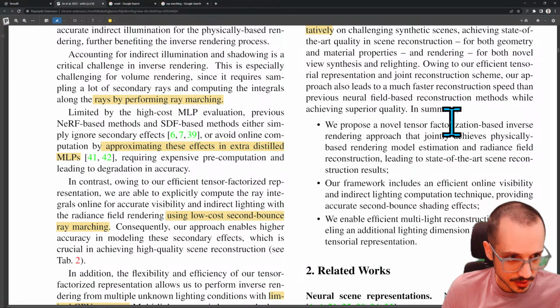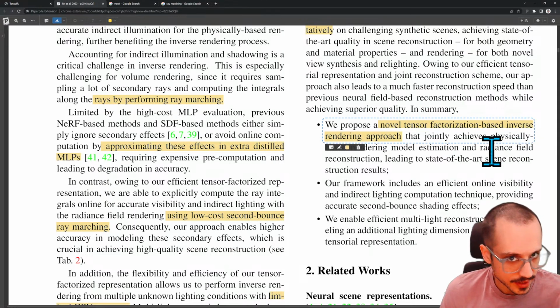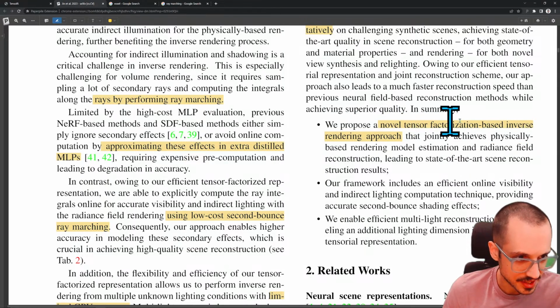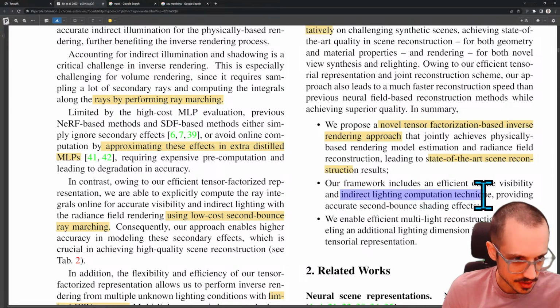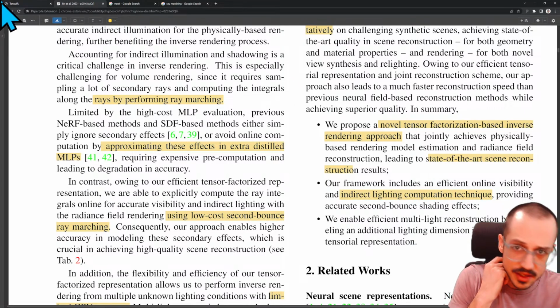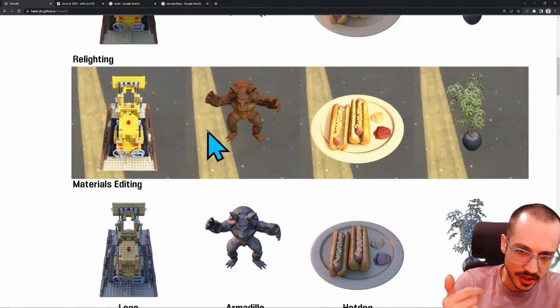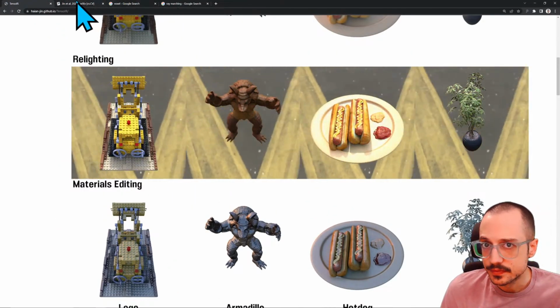Novel tensor factorization inverse rendering approach, right? So it's basically a slightly new kind of NeRF based around tensor factorization, leading to state-of-the-art scene reconstruction. An efficient online visibility and indirect lighting computation technique. Okay, so this is going to be the relighting, the ability to change the lighting on this NeRF.